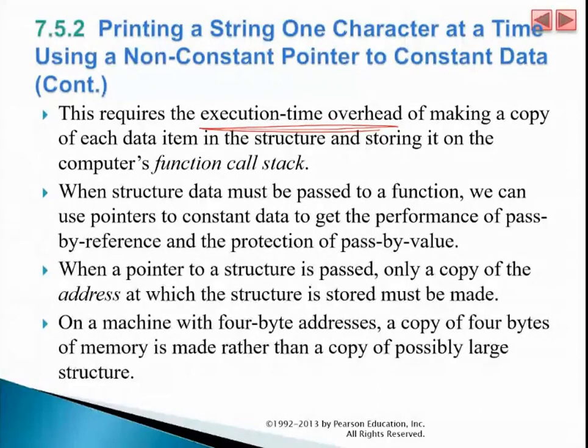And you have to maintain it for different function calls. So for each function call, there is a different copy, right? So what you can do is this: when structured data must be passed to a function, we can make use of pointers to constant data to get the performance of pass by reference as well as pass by value.